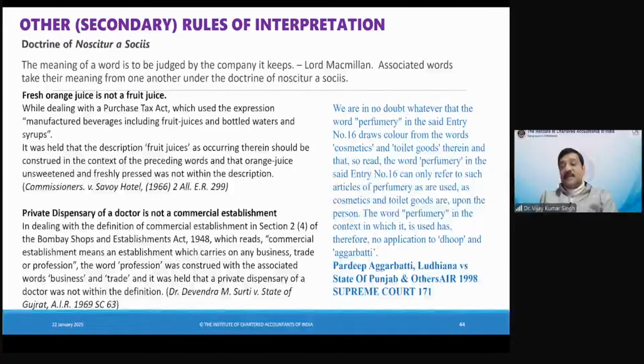In another case, Pradeep Agarbatti versus State of Punjab, they were talking about the term perfumery, along with cosmetics and toilet goods. Applying this provision, it was said that the word perfumery in this context will not include dhoop and agarbatti.